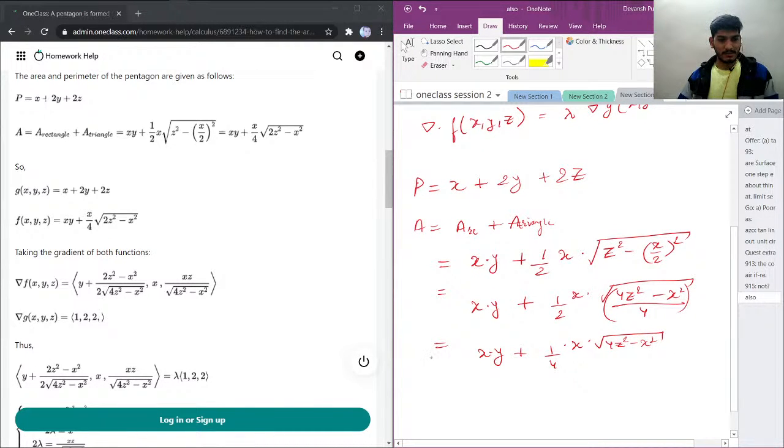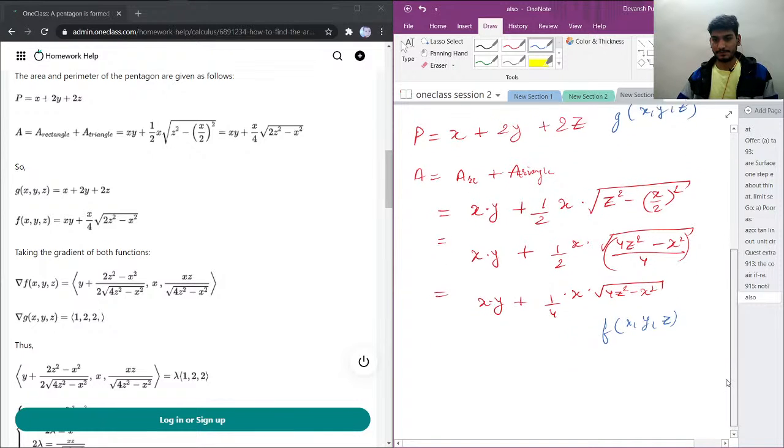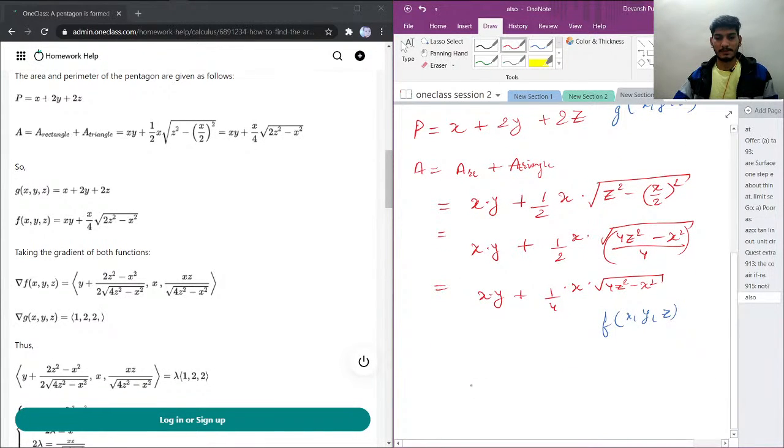So let's say this function is f of x, y, z, and this is g of x, y, z. Then for the gradient, we'll just differentiate this partially.